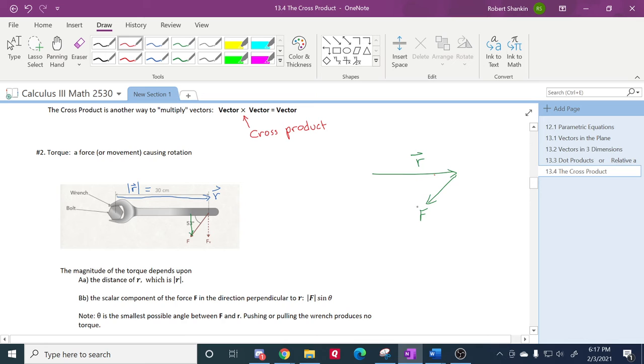Now, if you put these in standard position, so they emanate from the same point, you're going to get this big angle, but we really want this angle.